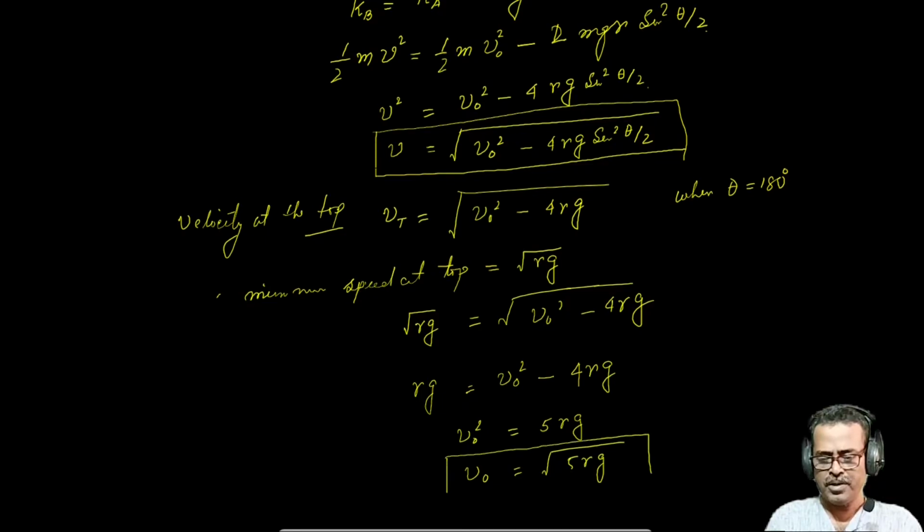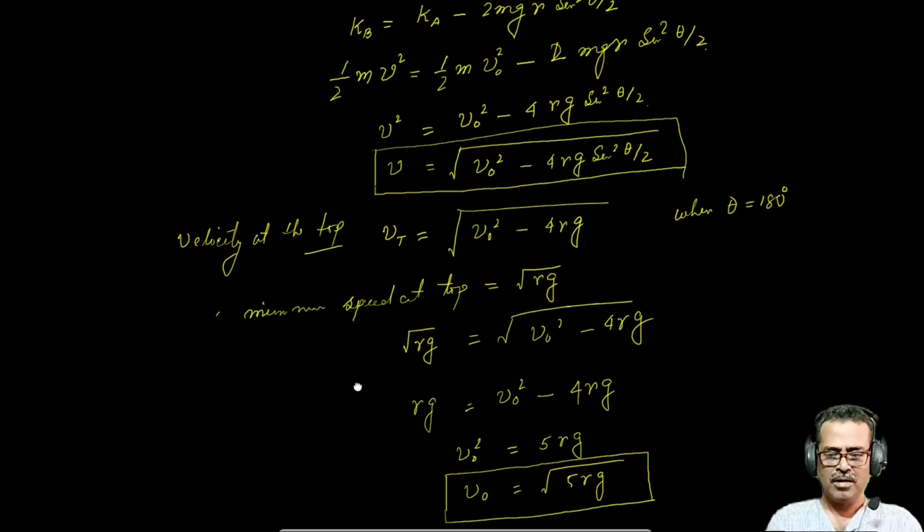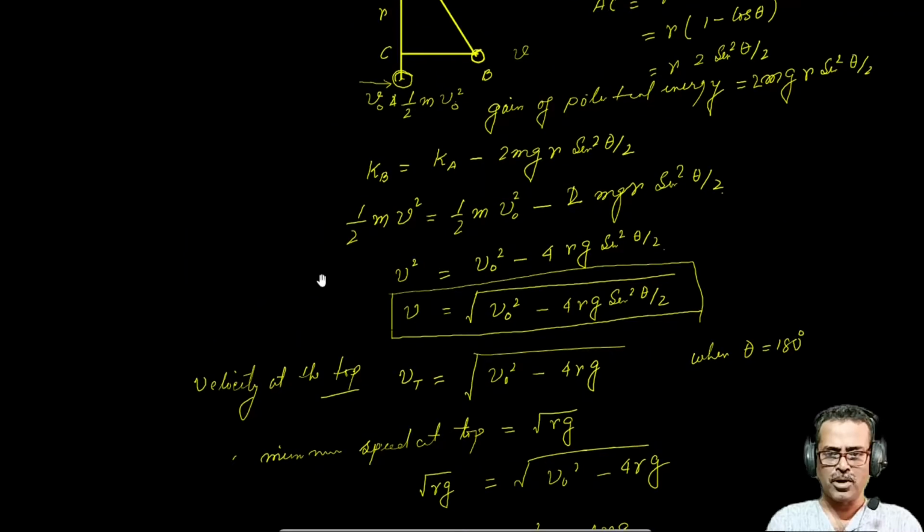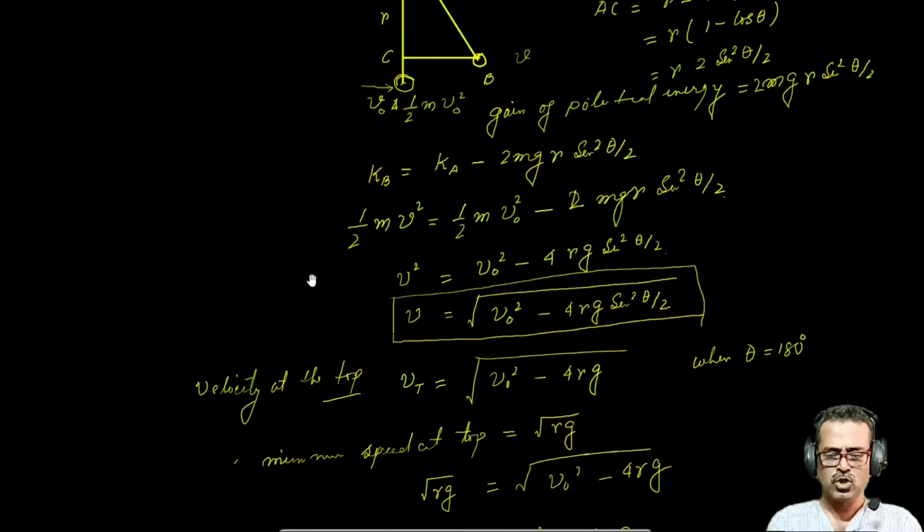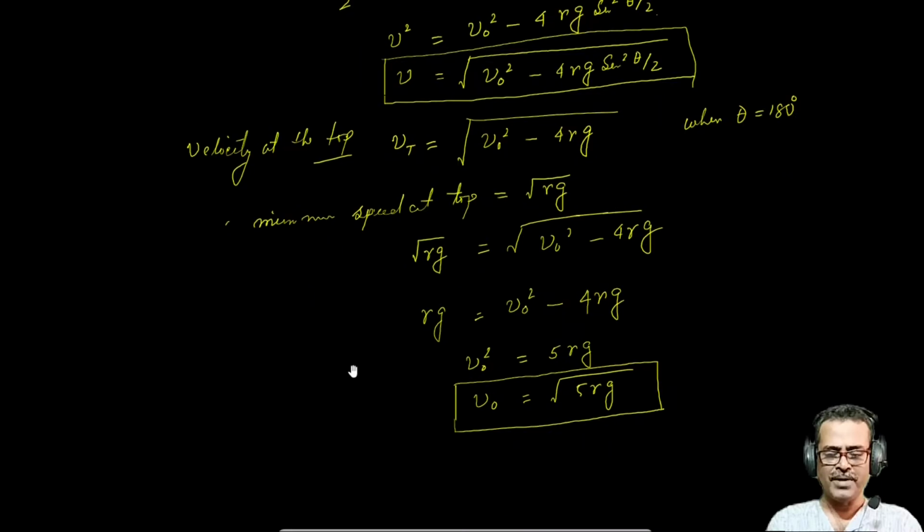So to maintain a vertical circular path, the velocity at the bottommost position should be root over 5rg. Here v0 is the tangential velocity at the bottommost position.